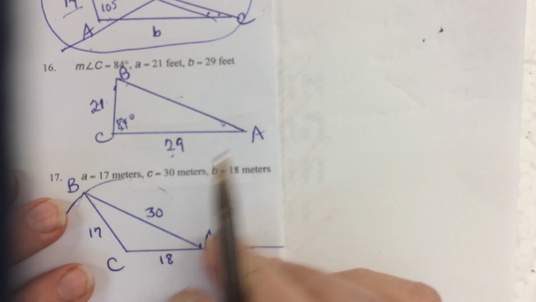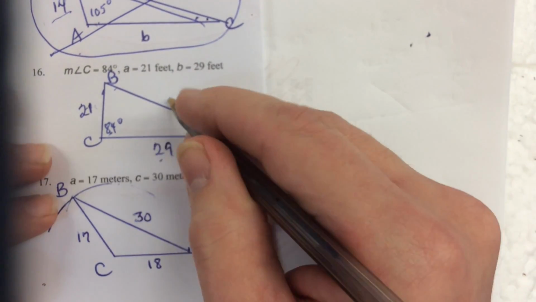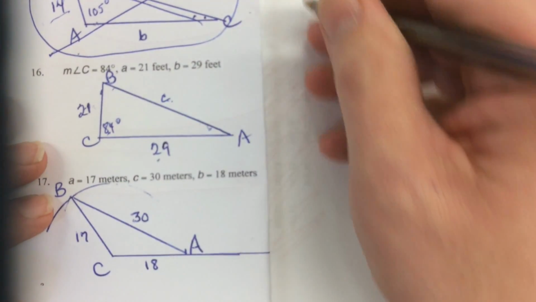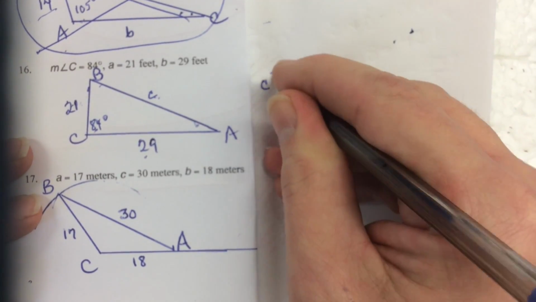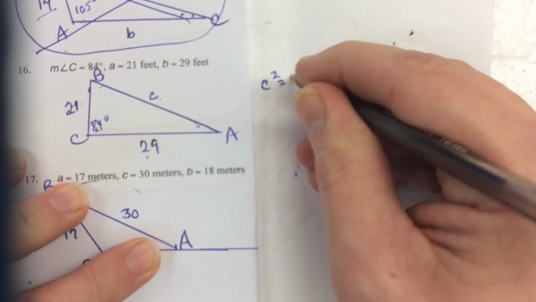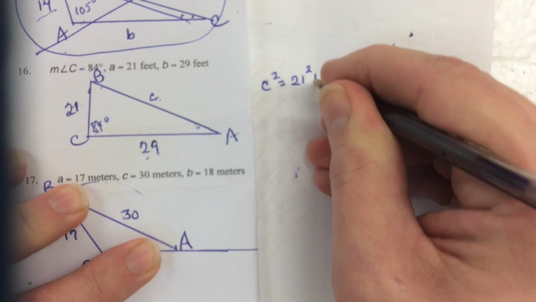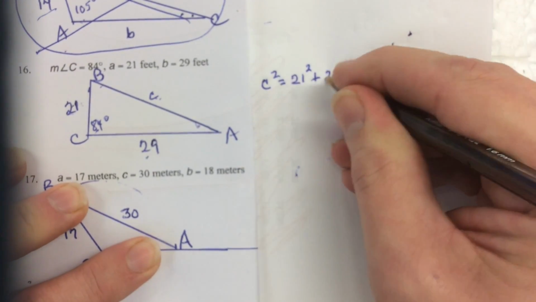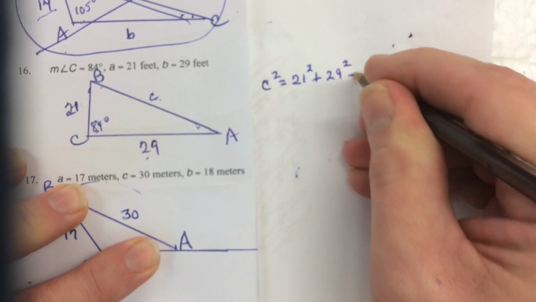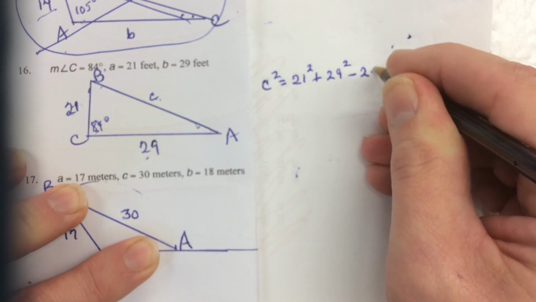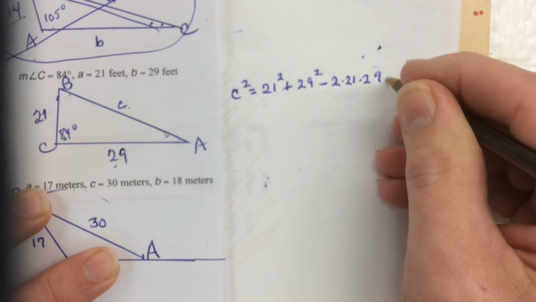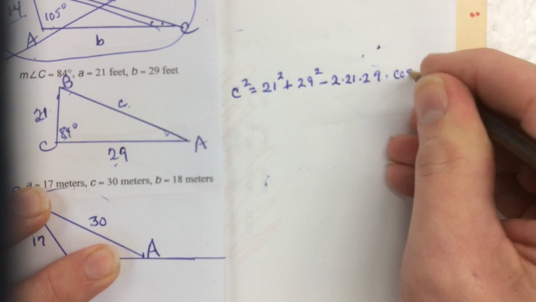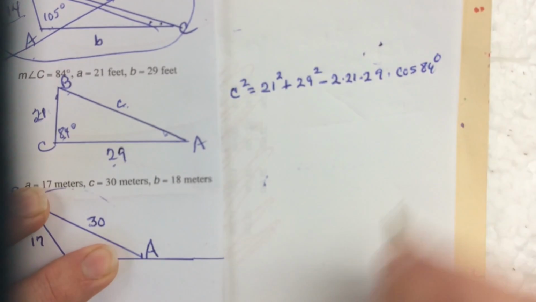The law of cosines says that this side over here squared is going to be equal to this side squared, which is 21 squared, plus this side squared, which is 29 squared, minus 2 times 21 times 29 times the cosine of 84 degrees.